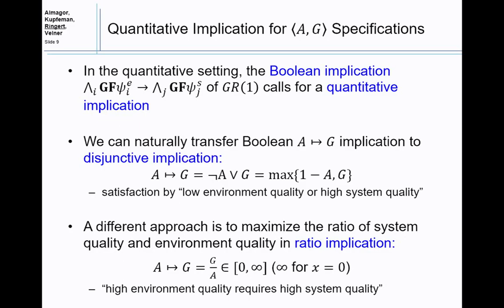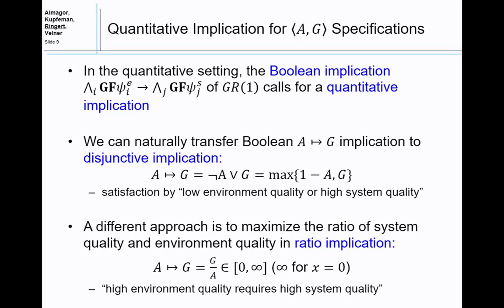Now there is something we try to do a little bit more. You can also look at the ratio of the guarantee satisfaction and the assumption satisfaction. So basically what this would mean now, here you have this kind of threshold 1 minus a. So if the assumptions are not so good, you don't care what the guarantees have to do anymore.